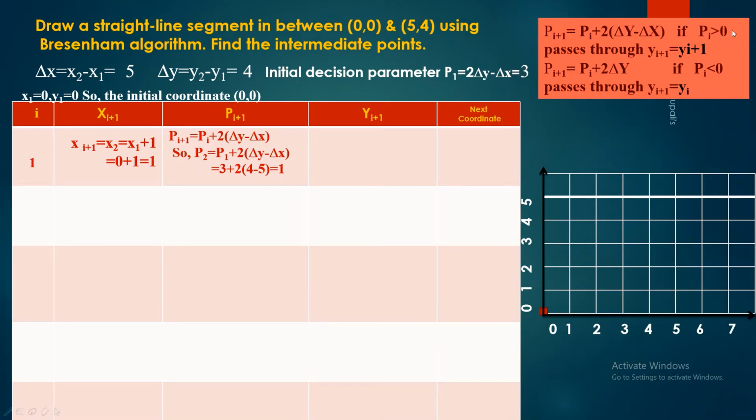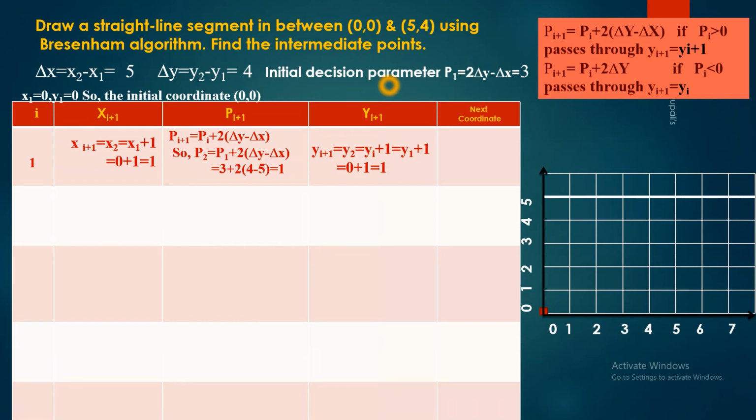If pi is greater than 0, then the next decision parameter is pi plus 2 del y minus del x. So we get 1. So, the line passes through yi plus 1. The value of y becomes 1, because initially it is 0, but the line passes through y0 plus 1, so 0 plus 1 is 1.